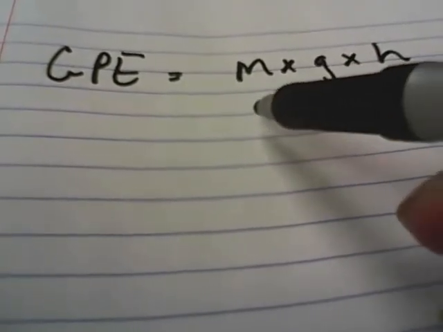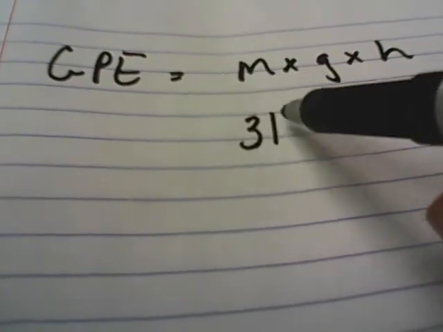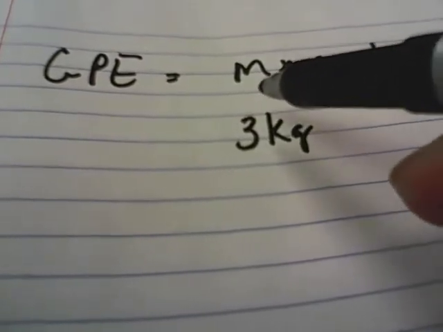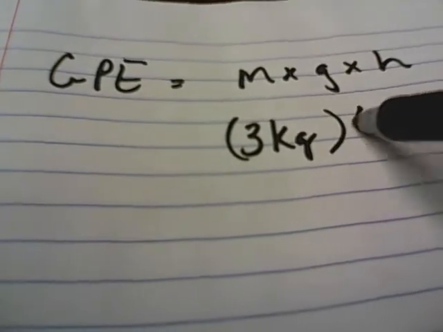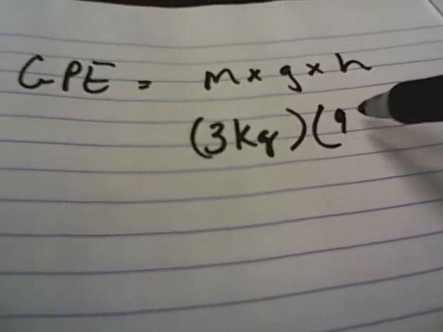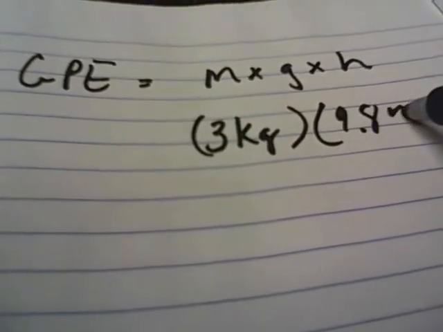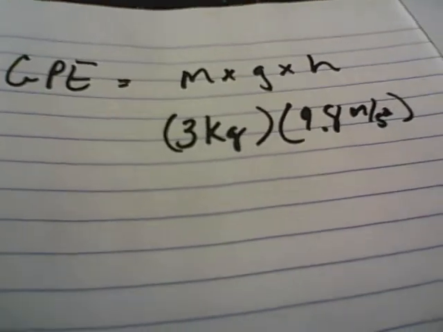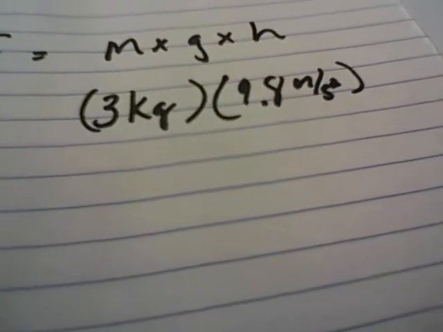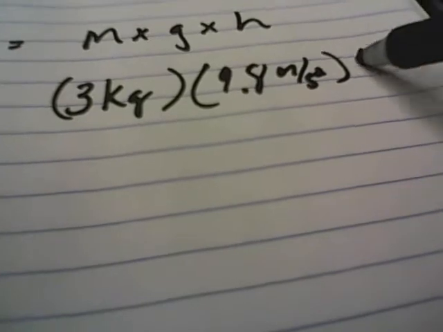And so the mass for number 6 was a 3 kilogram ball. We know that gravity is always the same, 9.8 meters per second squared. And the height for the ball, it was kicked at a height of 5 meters.